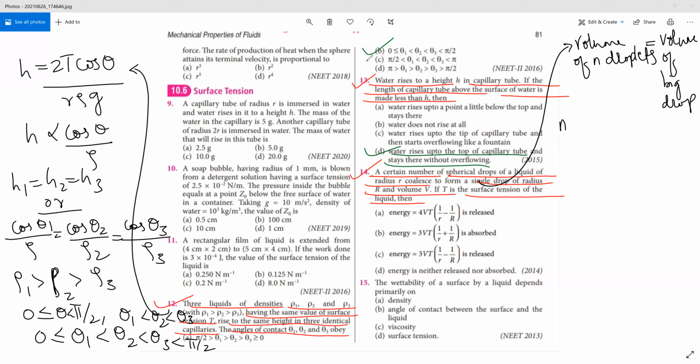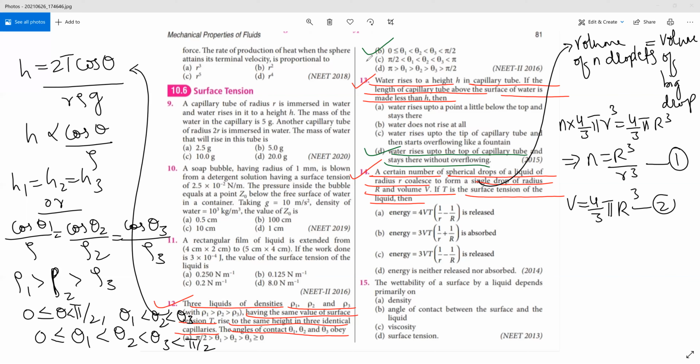So here if you write the mathematical formula, n into 4 by 3 pi r cube is equal to 4 by 3 pi R cube. So that is n is equal to R cube divided by small r cube. Let us consider this as equation 1. The volume of the big drop V is equal to 4 by 3 pi R cube. So this is the second equation.